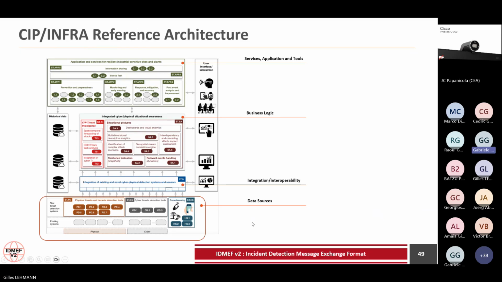I'm going to present, for each project, a logical architecture with different logical building blocks, and how it is possible to identify where IDMEFv2 can be adopted and concretely used.